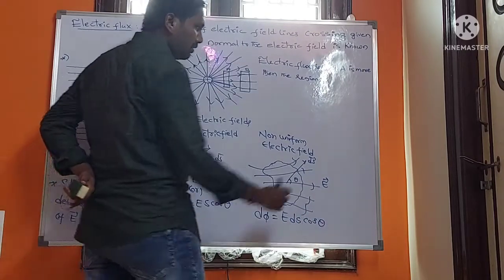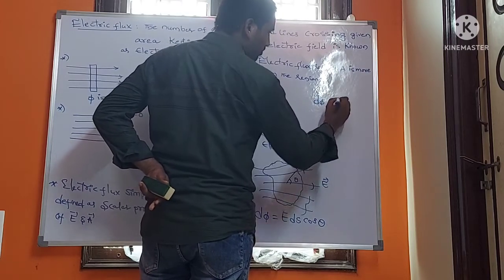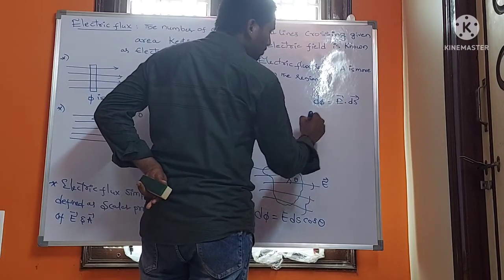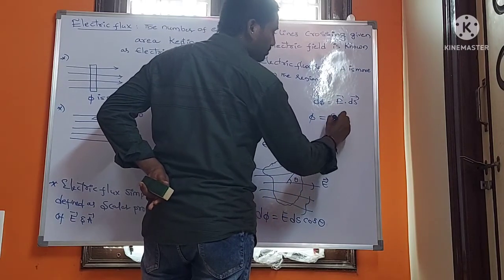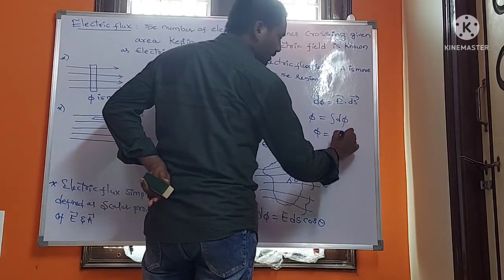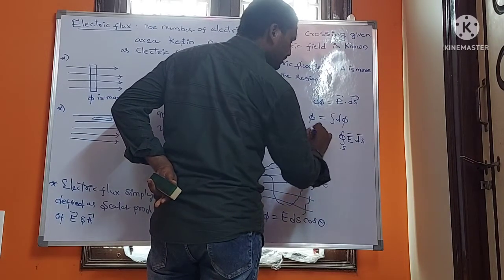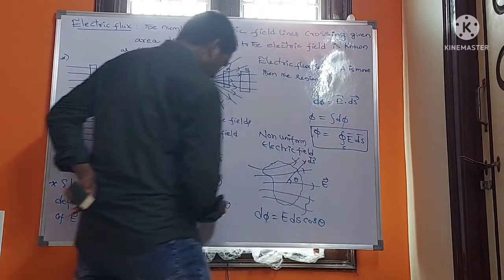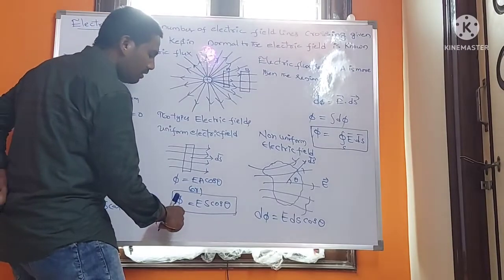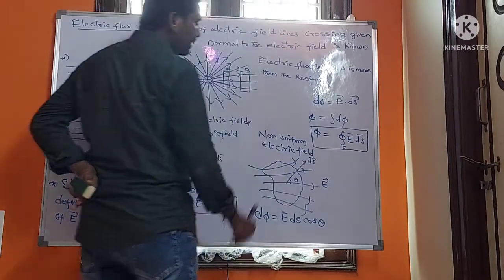Rewriting, d phi is equal to E dot dS. The total flux is the integration of the small fluxes, so phi is equal to the surface integral of E dot dS. The equation phi equal to E A cos theta is used for a uniform electric field, and the surface integral equation is for the electric flux of a non-uniform electric field.